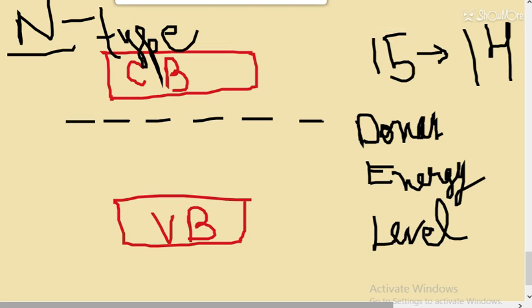So basically here you can see this donor energy level is lying just below the conduction band. It will be exactly below the conduction band, this level is just here.